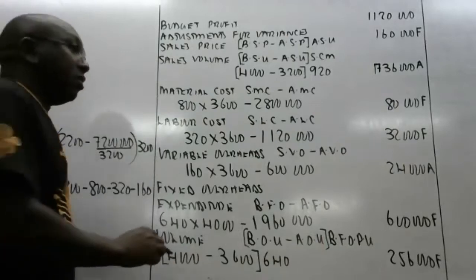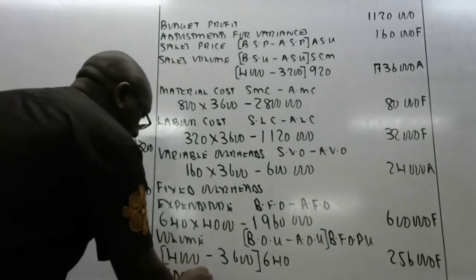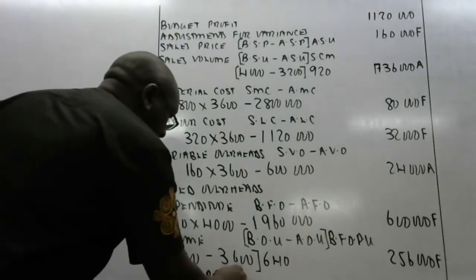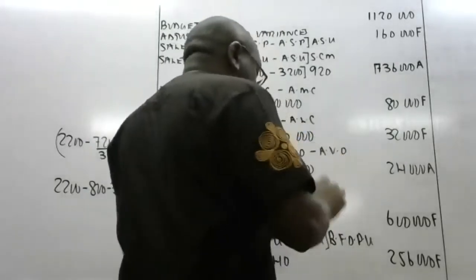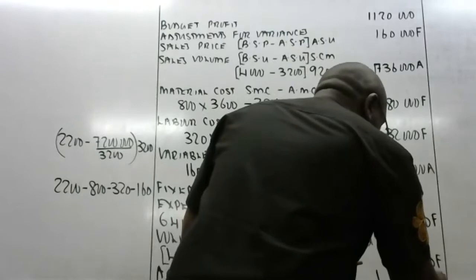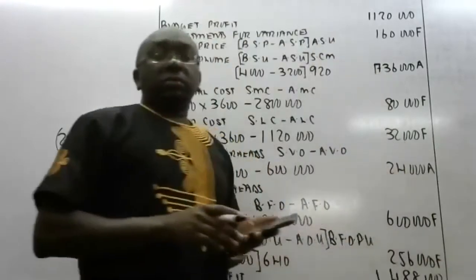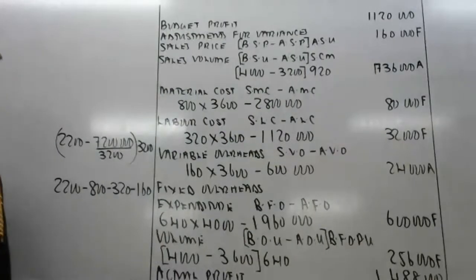So with that now, we should be able to get our actual profit. And the actual profit, ukiangalia kwa hiyo statement, we are given it is 1,488,480. So this is how you reconcile.